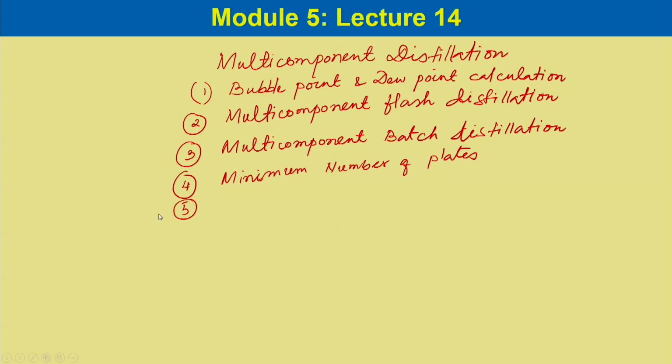Then we will consider minimum reflux, and finally, we will consider the approximate method or Underwood method to calculate the compositions of the tower and the number of trays required.